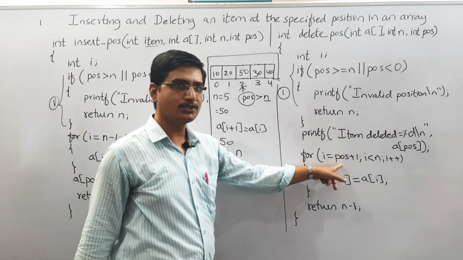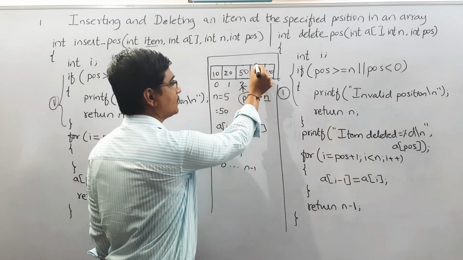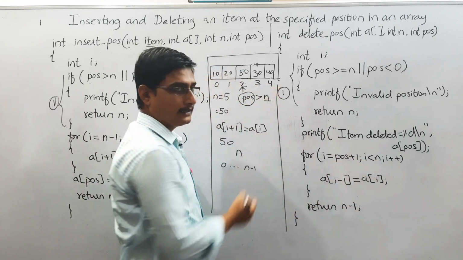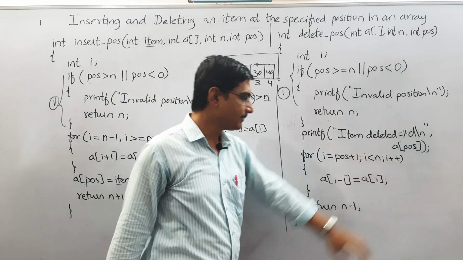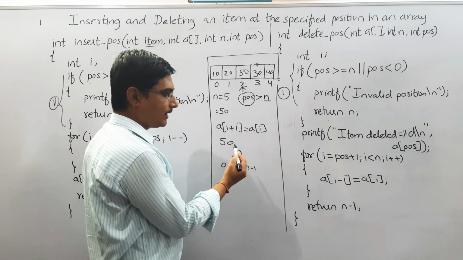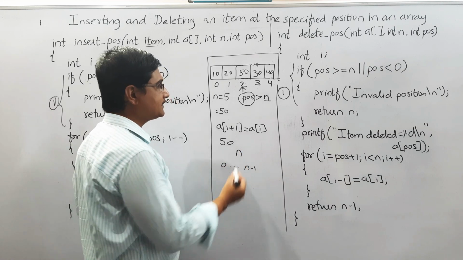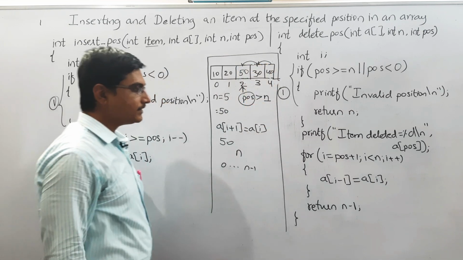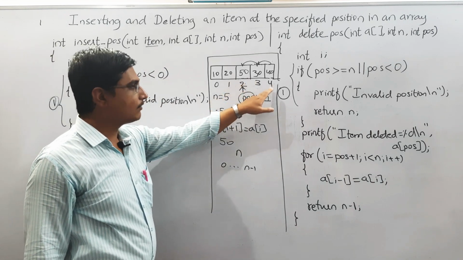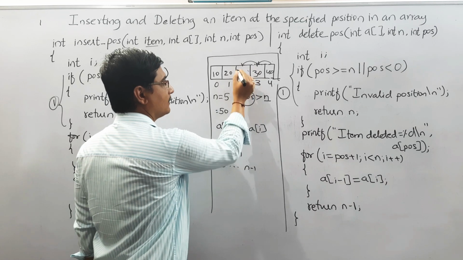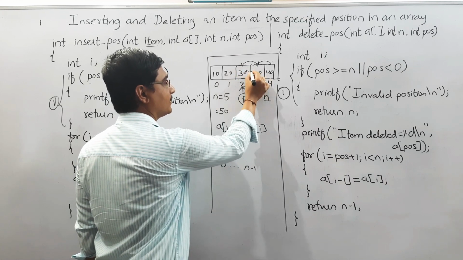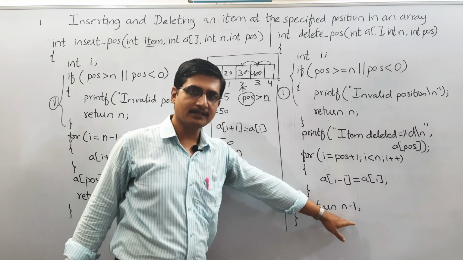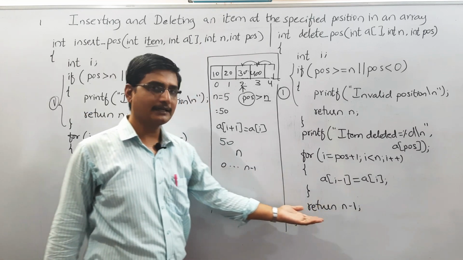For I equal to position plus 1, this is the location now, I less than n, till we reach the last element, I plus plus, what we are doing is a of I minus 1 equal to a of I. That is, this should be shifted like this: a of I minus 1 equal to a of I. So 30 should come here and 40 should come here, and this becomes vacant now, and we return n minus 1, that is, the number of elements is decremented by 1.